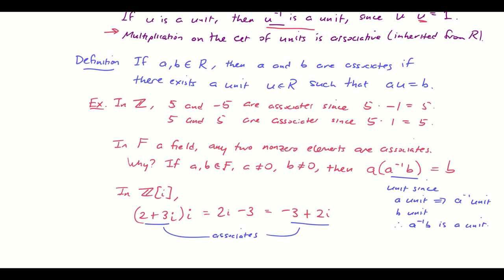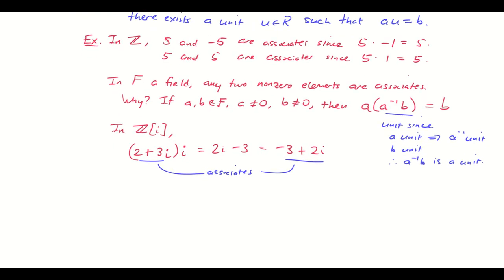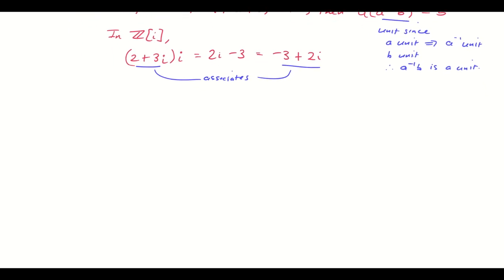All right, so now let's move on to irreducibles and primes. There's an interesting distinction between these two types of elements. It's going to seem a little strange at first, because it may seem like the reverse of the way you learn things in grade school. But here's the first definition.